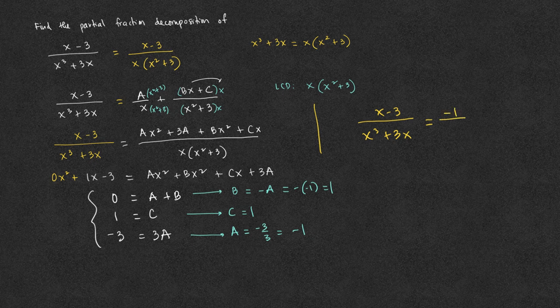So the first simpler expression is negative 1 over x, plus, for the second simpler rational expression, the denominator we set up is x squared plus 3, and the numerator is Bx plus C, but we found that B equals 1, so we have 1x plus C, and C is 1. And so this is negative 1 over x plus x plus 1 over x squared plus 3.